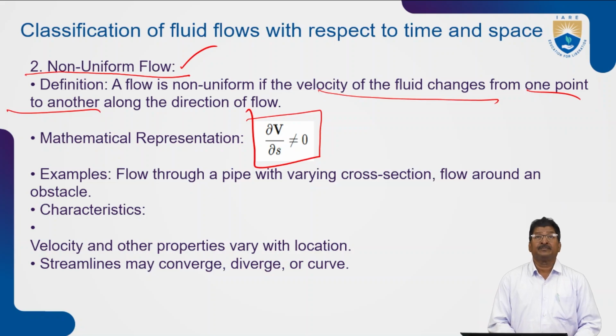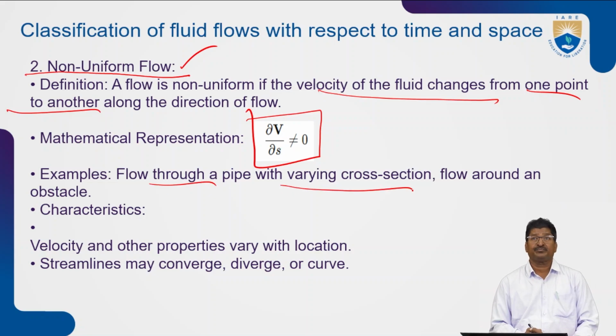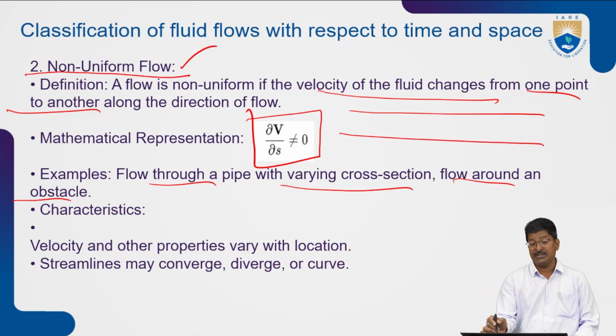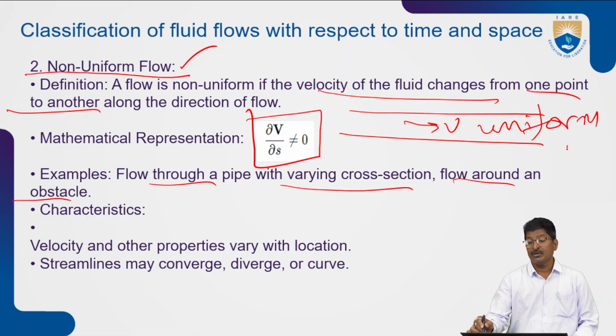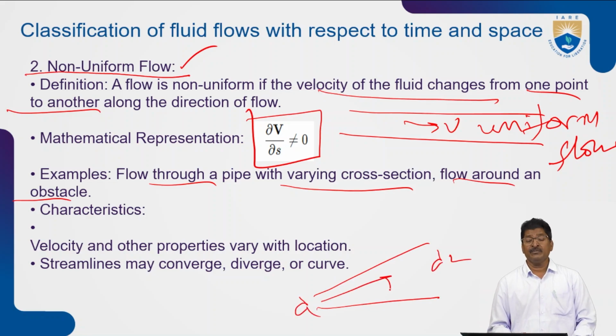Examples: flow through a pipe of varying cross section, flow around an obstacle. If a pipe of the same diameter is there, the velocity will be constant; that is uniform flow. If the pipe is varying, that means here is diameter D1, here is diameter D2, and fluid is flowing, then the velocity at this point is different: V1, V2.